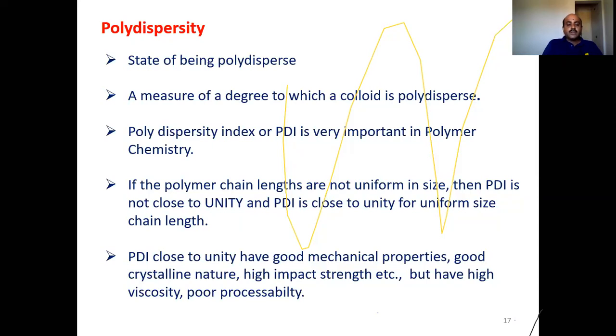When the PDI value for a polymer is close to unity, they will have very good mechanical properties, good crystalline nature, high impact strength, etc. But it will have certain disadvantages coming, like high viscosity and poor processability. You are supposed to be very careful while selecting a polymer for your applications.